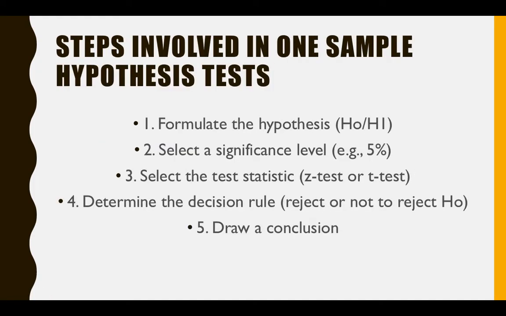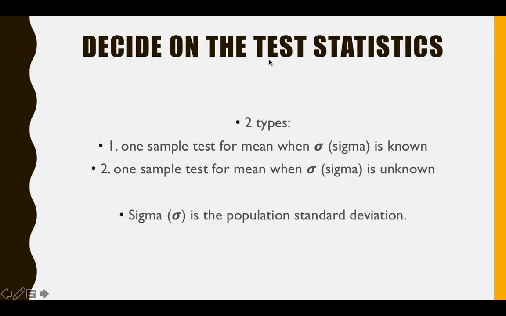So let's say you have formulated a hypothesis and you have selected your significance level. Let's move to step number 3, which is to decide on your test statistic. In general, there are 2 types of test statistic. The first test is called one sample test for mean when the sigma is known. Sigma is the population standard deviation.